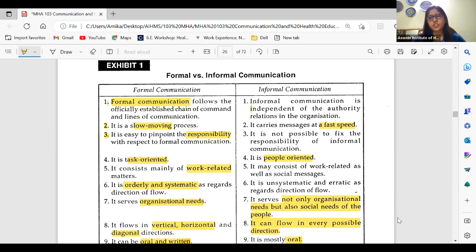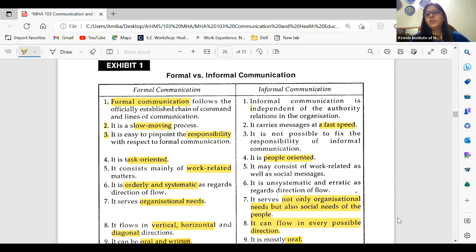Anyone can initiate, and the information is passed on from one person to another. From the sender until it reaches a receiver, and in this case there are multiple receivers, the whole information is distorted.